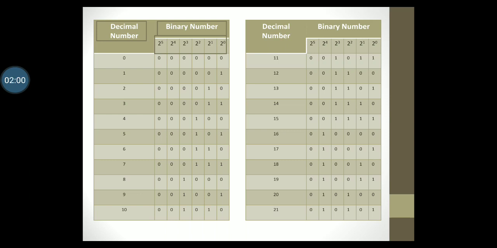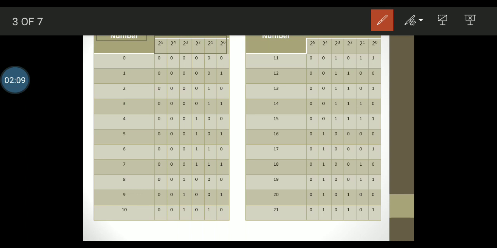Also notice that the decimal numbers are listed from 0 till 21. The rightmost column is labelled 2 raised to 0, which equals 1. So you begin by writing 0 once, followed by 1, and then write 0 again, followed by 1, and alternate between 0 and 1, and so on.